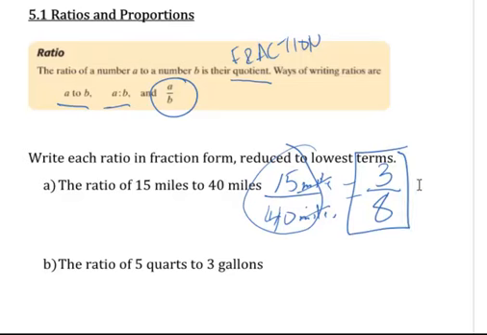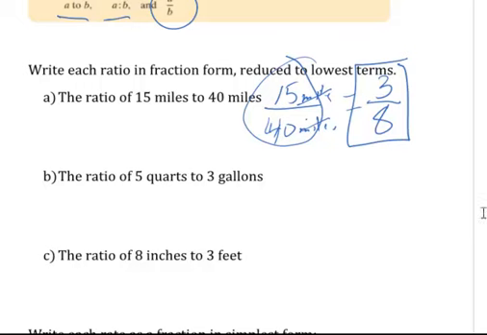For my next problem that I have here, it says let's write the ratio of 5 quarts to 3 gallons. Now, the issue that I have right here is that my units aren't the same, and my units need to be the same. So you can either go to Google, or if you just happen to know this is going to be helpful. But 1 gallon is the same thing as 4 quarts.